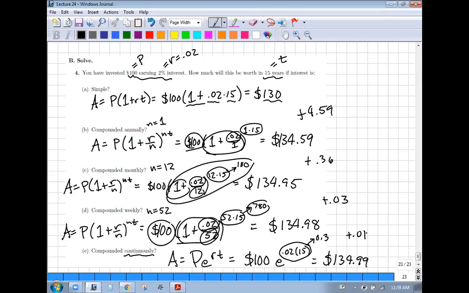And that's the most interest you're going to get, if they collect interest, compound interest continuously, every billionth of a second. All right. So from simple interest to compounding continuously, the most you're going to get is the extra $4.99 in this particular example. Okay.